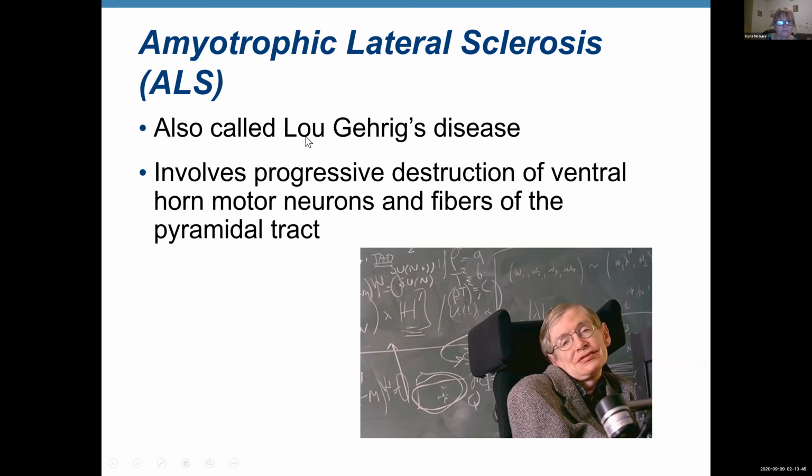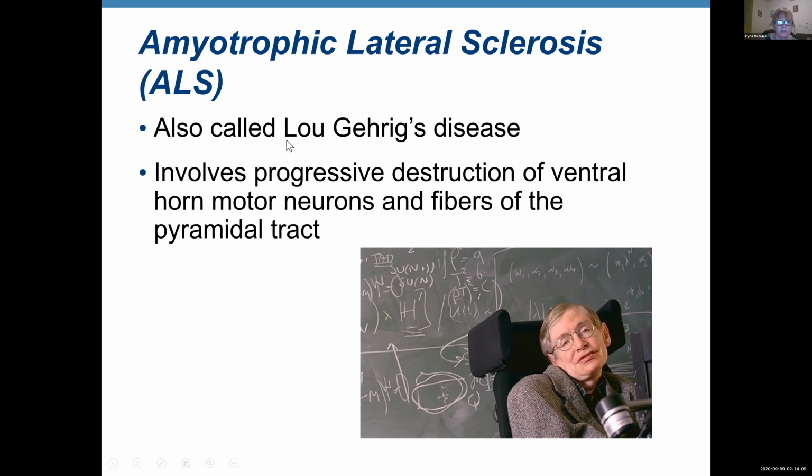ALS, so this guy, what his name is. That's why he died from it. Lou Gehrig disease is another name, and it involves progressive destruction of ventral horn motor neurons and fibers of the pyramidal tract.